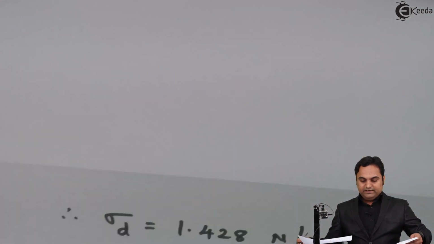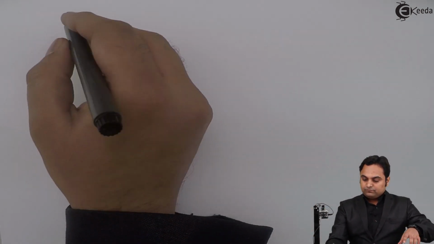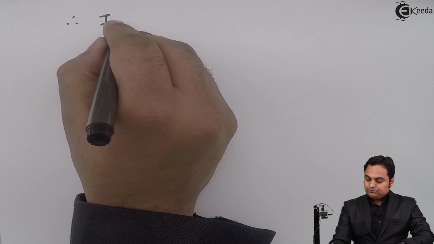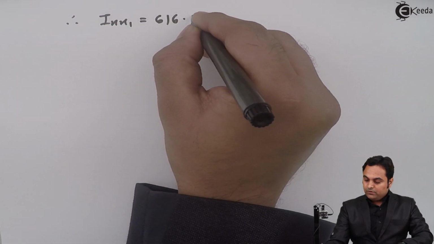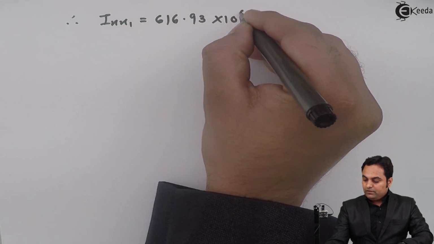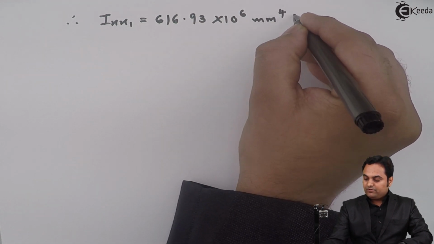Calculating this throughout, I'll get Ixx1. So therefore Ixx1 is 616.93 into 10 raised to 6 mm raised to 4.